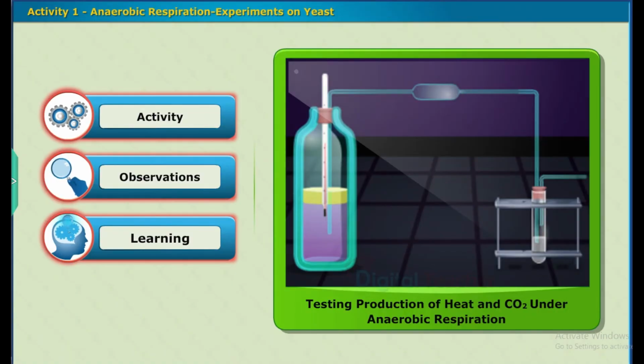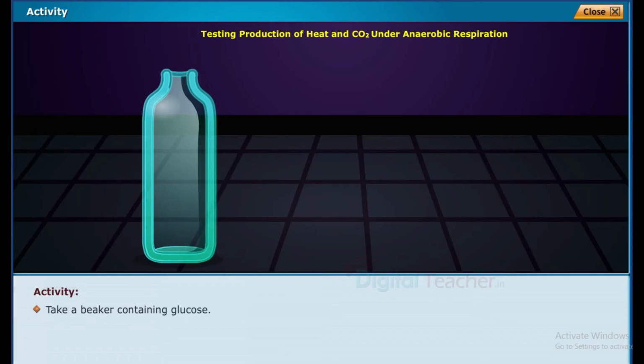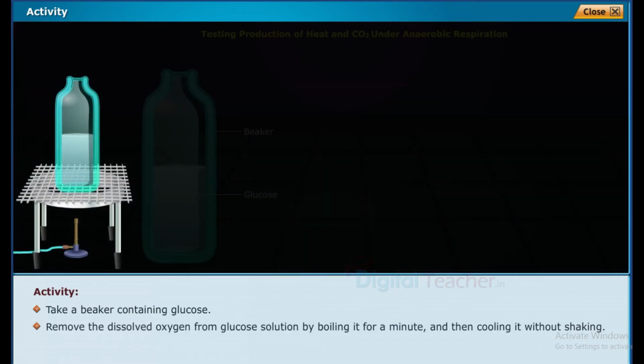Here, let us perform an experiment on yeast to detect any rise in temperature, even in the absence of a supply of oxygen, in living organisms. Take a beaker containing glucose. Remove the dissolved oxygen from the glucose solution by boiling it for a minute and then cooling it without shaking.